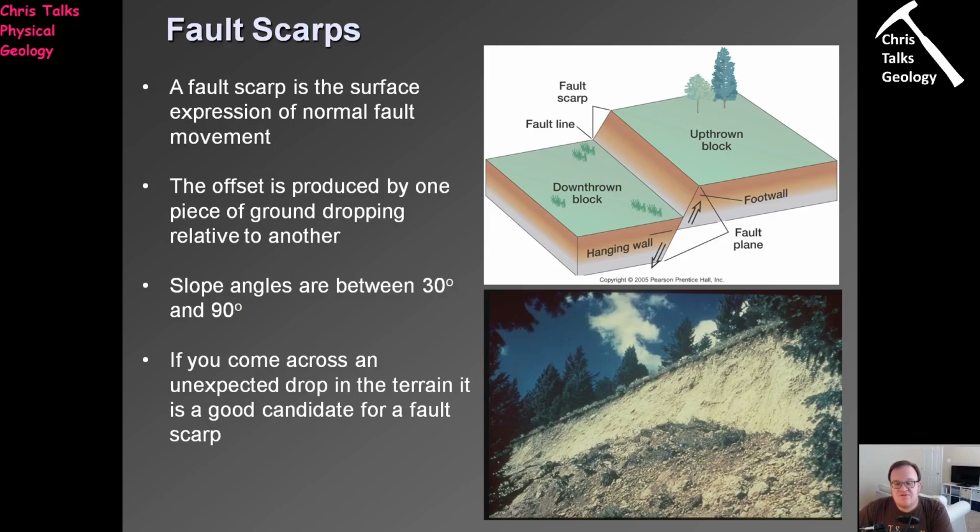So if you are in an area where you don't really expect sudden changes in the topography, and you find there's a sudden drop in the terrain, the first thing you think about is, okay, that could be a fault scarp, because it's a very simple way of producing these stepped drops in the terrain.